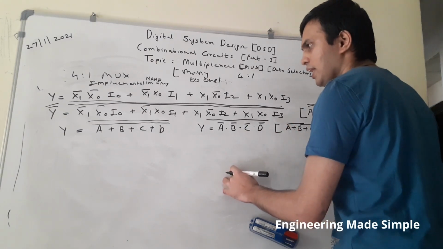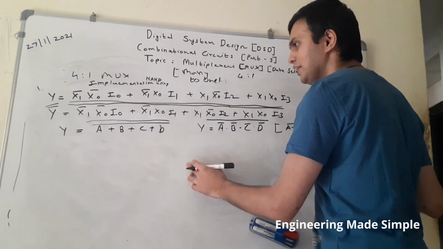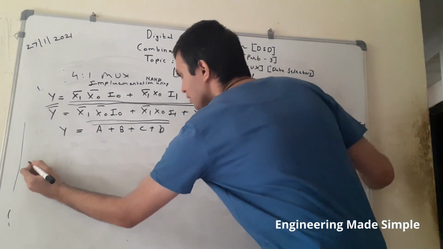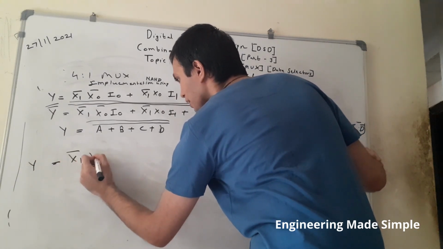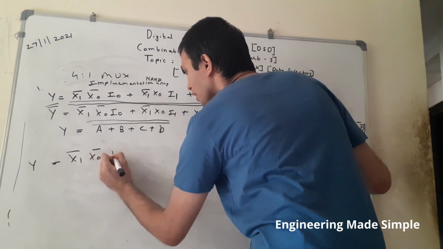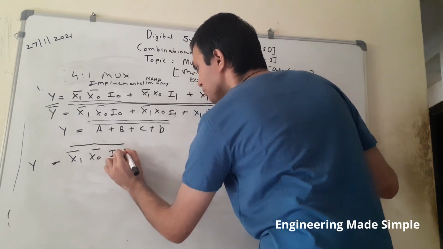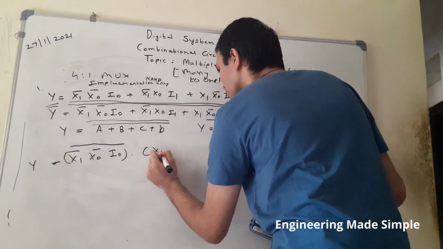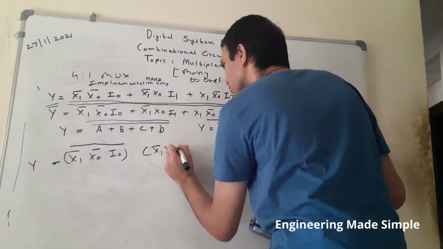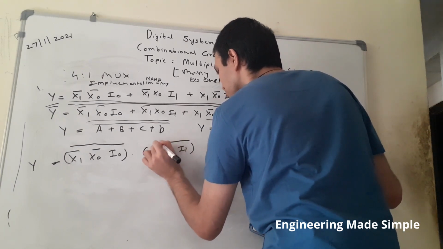Now, what is our a, b, c, d in this case? We will write the equation. Y is equal to x1 bar, x naught bar, I naught, the whole complement. This will be one term. Then x1 bar, x naught, I1, whole complement, second term.